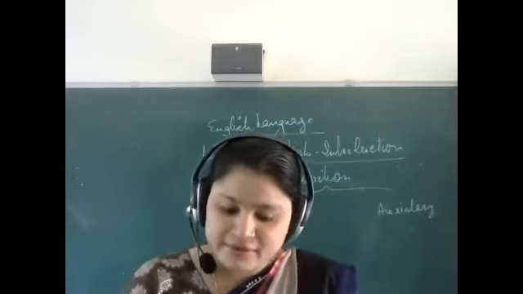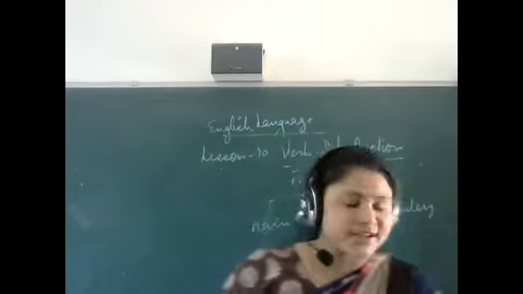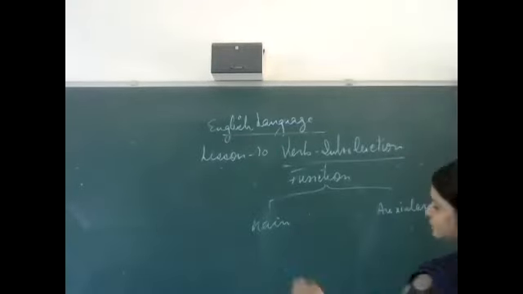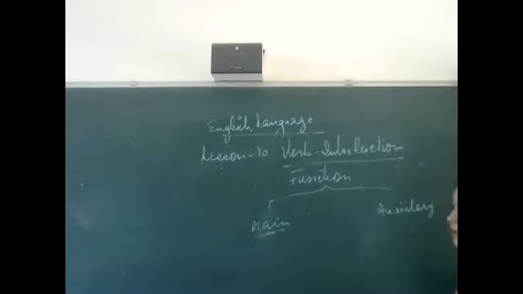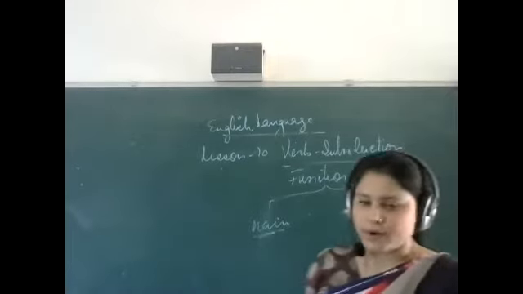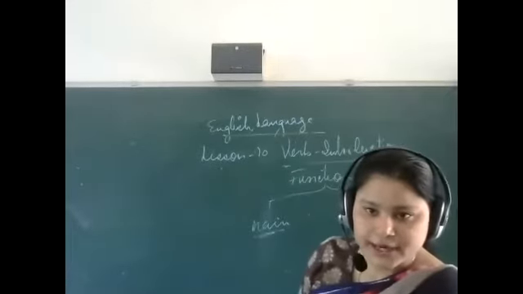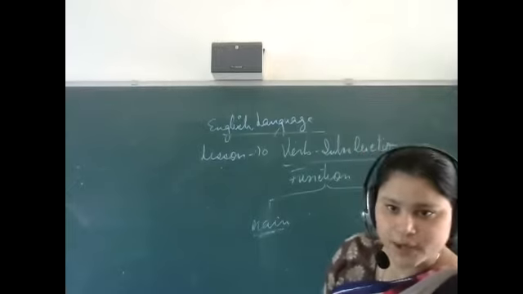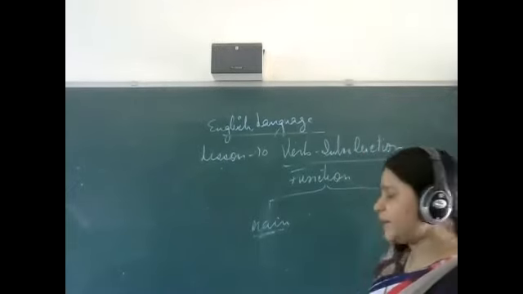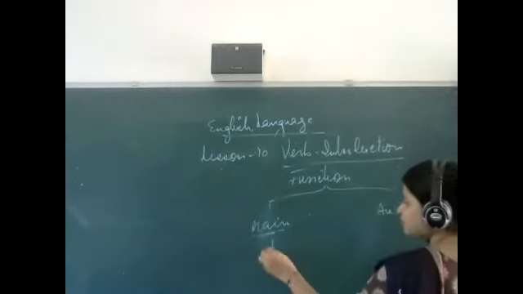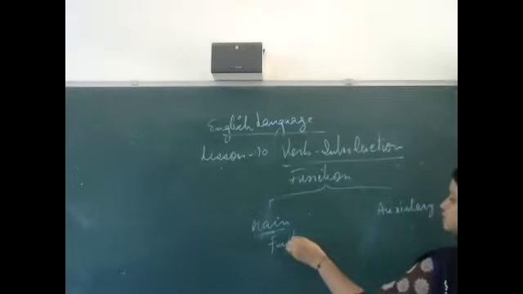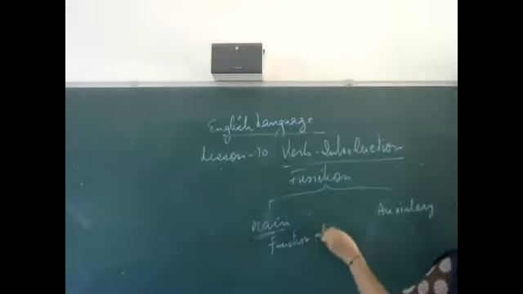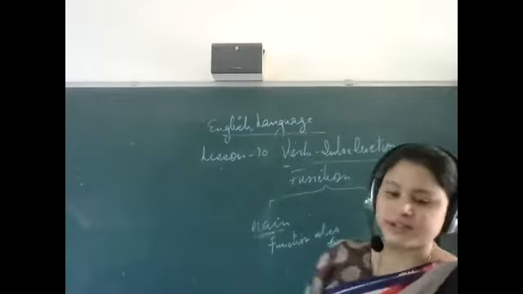Okay, what is a main verb? These can function alone in a sentence. You know that with the name it shows main, so it does not need any other help. A main verb is that type of verb that does not need any other word. That is why it is called a main verb. So it can function alone. Okay, the king of the sentence.